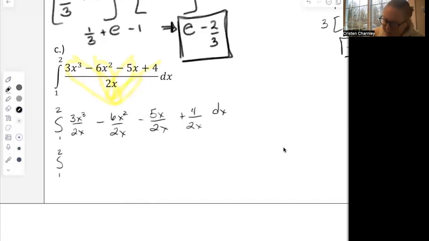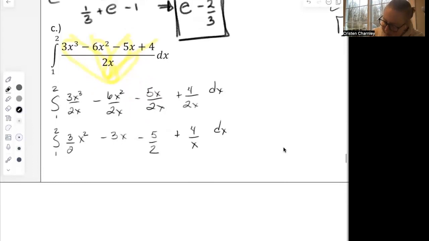So from 1 to 2, this is 3 over 2 x squared minus 3x minus 5 over 2 plus 4 over x dx. So now what we need to do is find the antiderivative of each term. So 3 over 2 times x cubed over 3, minus 3x squared over 2, minus 5 over 2 x. The antiderivative here would be 4 natural log of x, between 1 and 2.